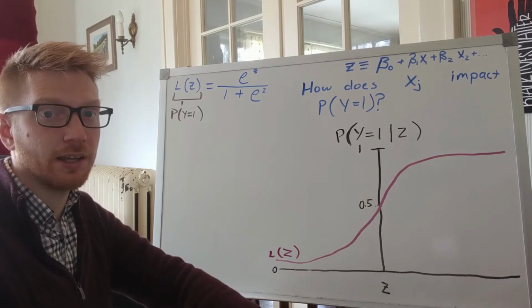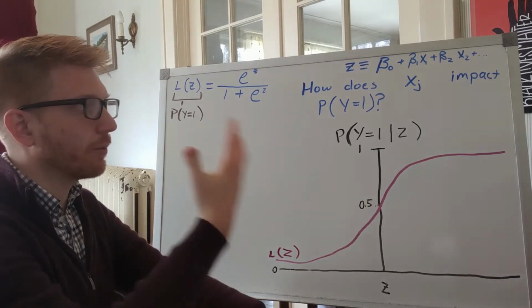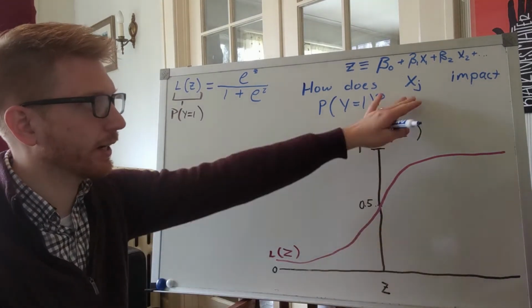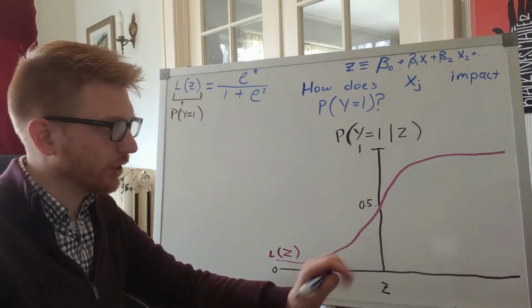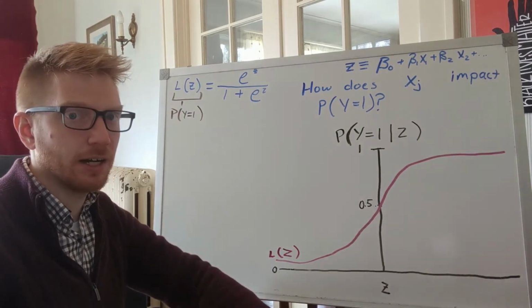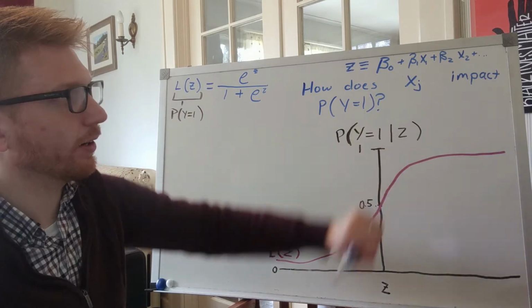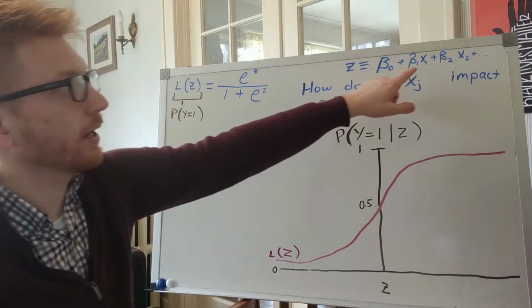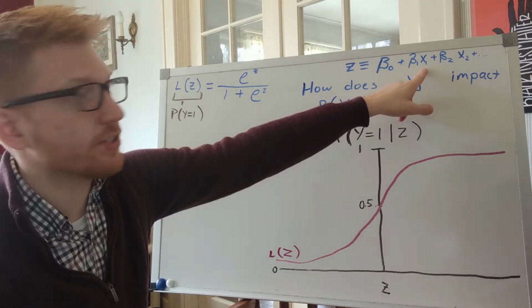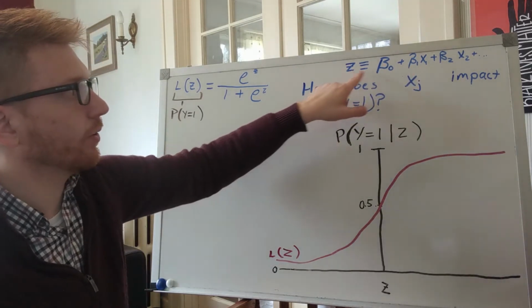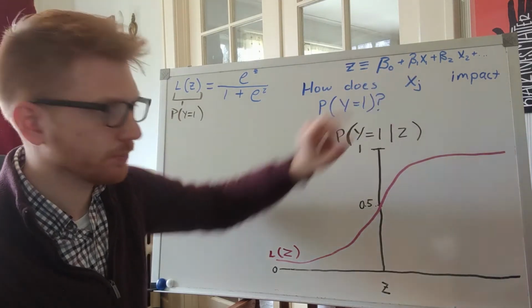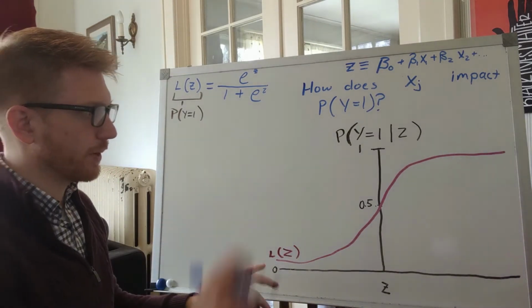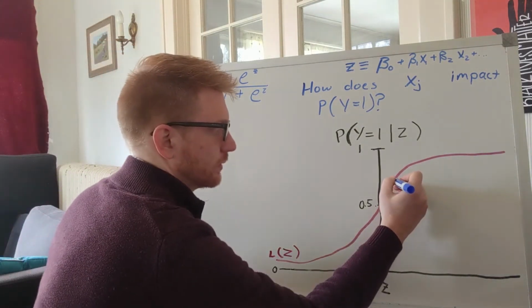The second thing is, if we're talking about maybe a 1 unit change, the impact here is going to depend on z. It's also hopefully going to depend on beta. So we can see that when we change x1, z is going to change by beta 1. So let's pick a point right here.